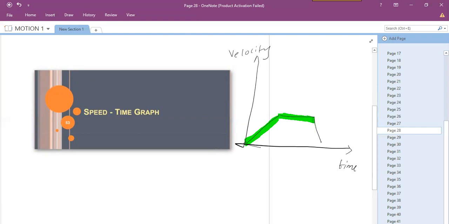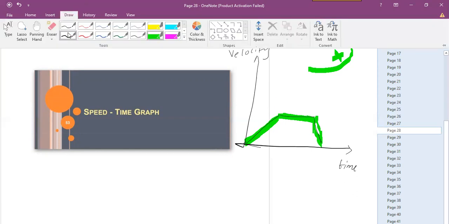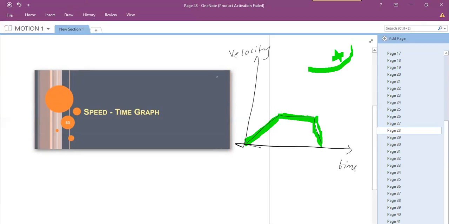Every time you see a decline in slope like that, it means the car is decelerating. And for non-uniform, you're going to see some form of curves. These curves won't come at your level. Why is this graph significant? Because, like I said, there is acceleration. Under this graph, you can find acceleration.